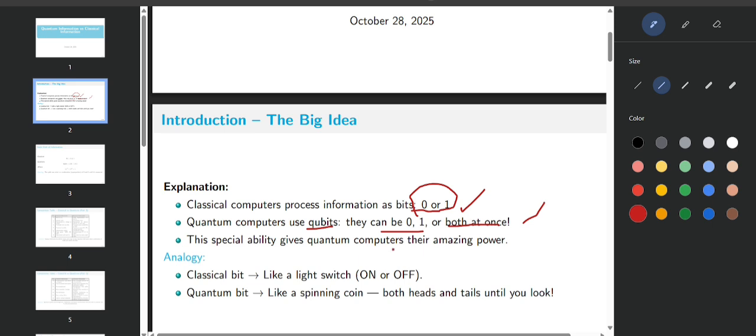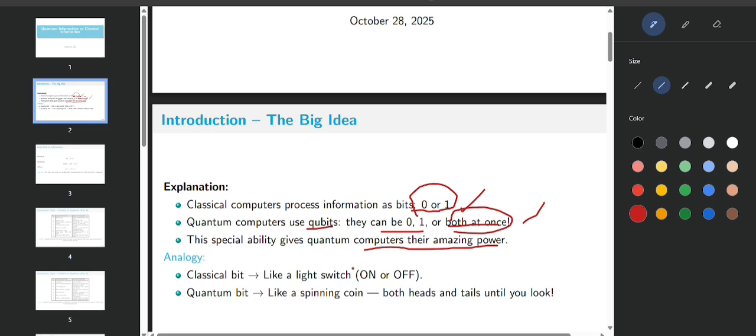Already in the earlier video I have explained, we call it superposition. This special ability gives the computers their amazing power. Instead of searching everything one by one, what a quantum computer does is do it all at once. That we call superposition.